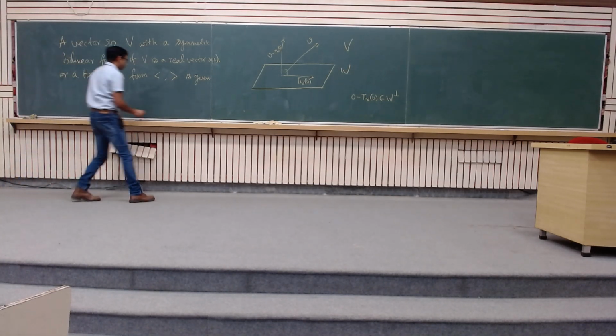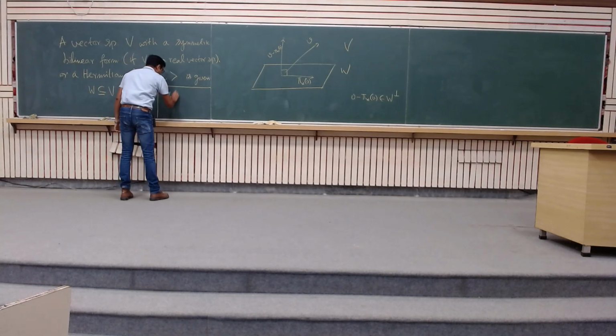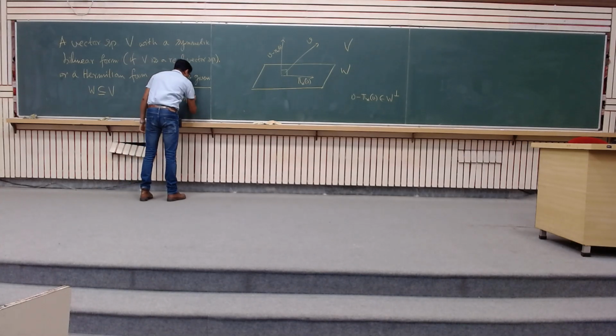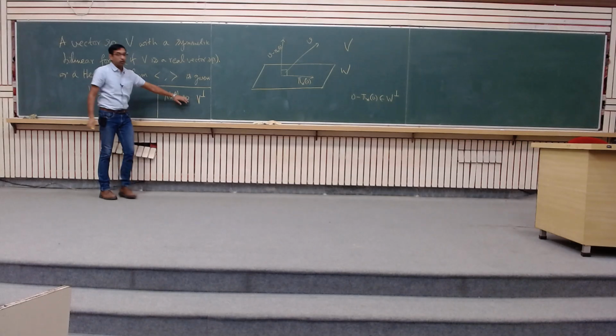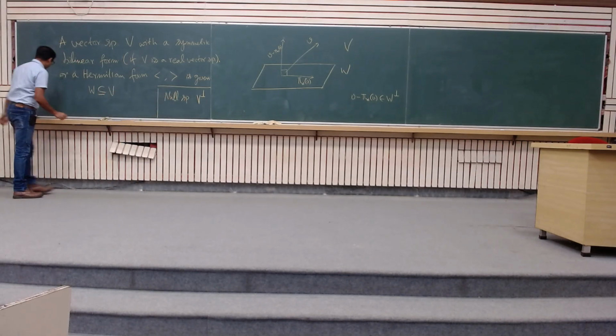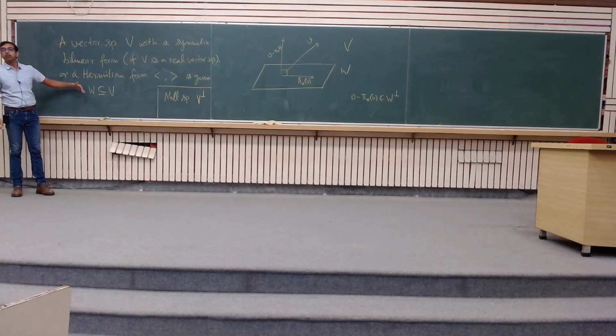Of course, null space is related with non-degeneracy. The null space of the form on V is just V perp. If you restrict the form to W, the null space of the form restricted to W is just W perp.